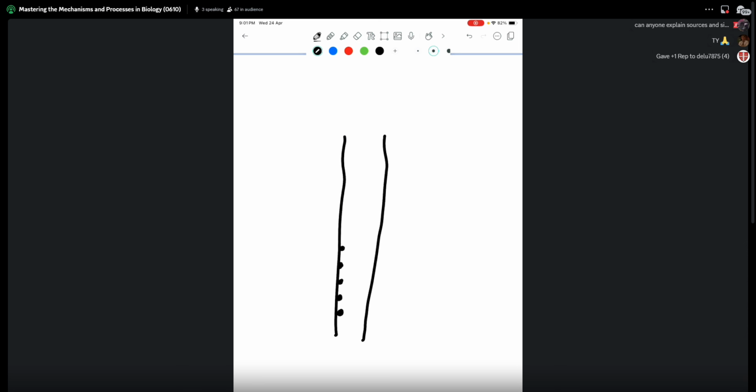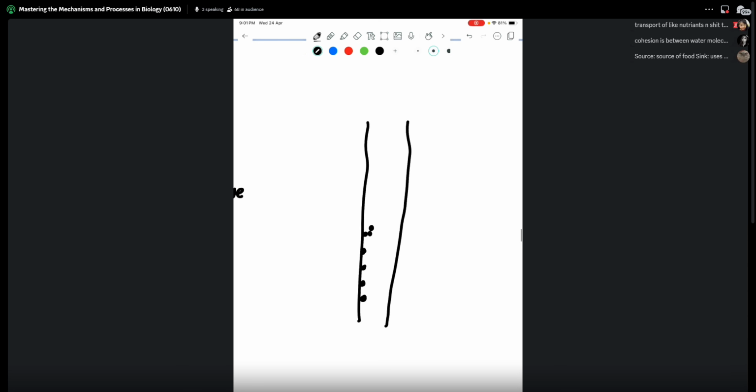At the same time, cohesion happens when other water molecules bind with another water molecule. So cohesion is between water molecule and water molecule together. Typically they will mix together into one droplet. So that's cohesion. Adhesion is on the wall, basically.